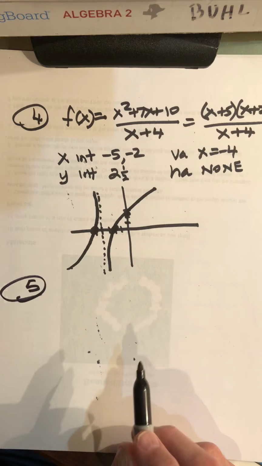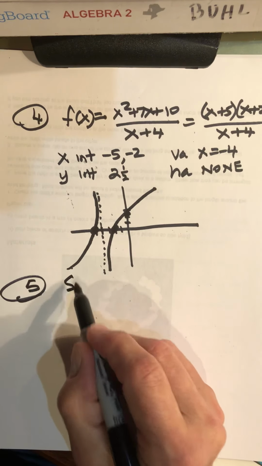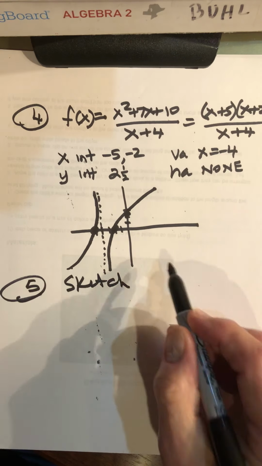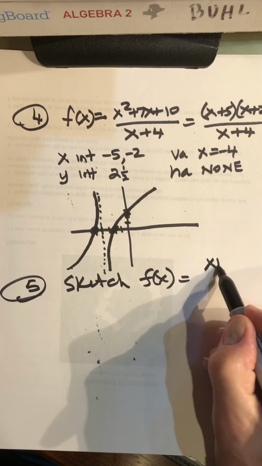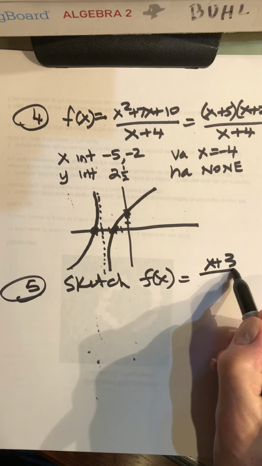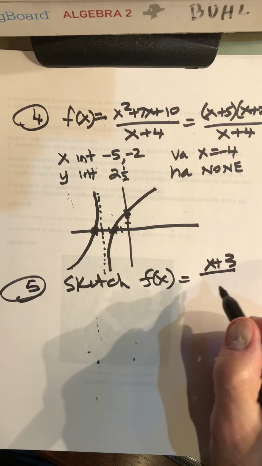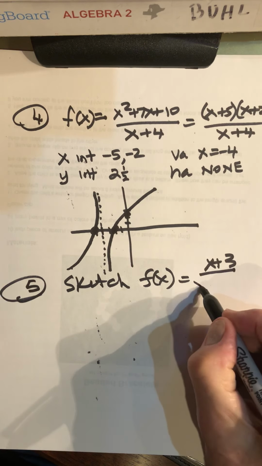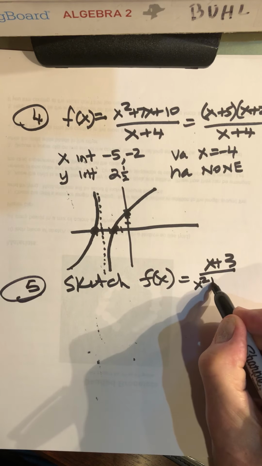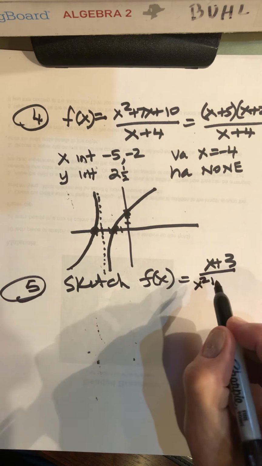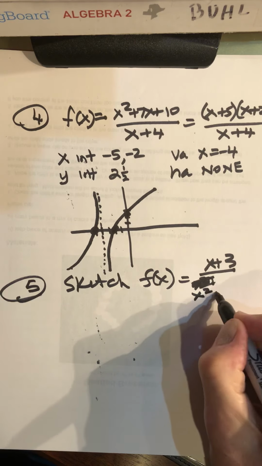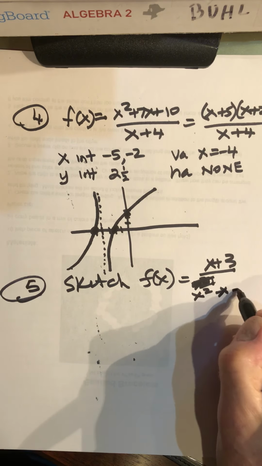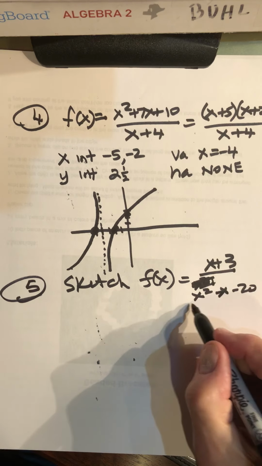Problem number 5, we're going to sketch f of x equals x plus 3 over x squared minus x minus 20. Well, that factors to what?